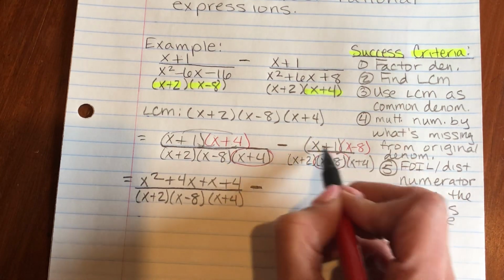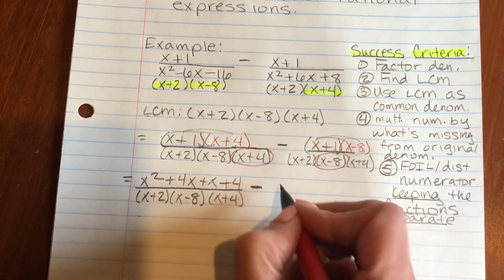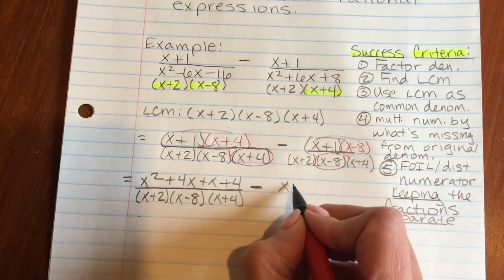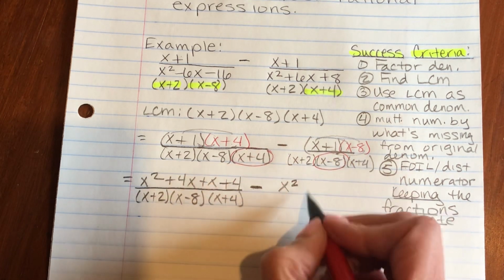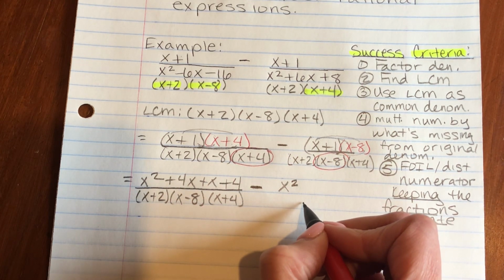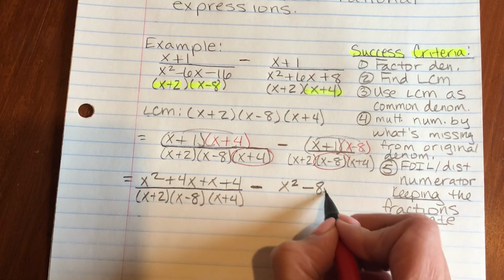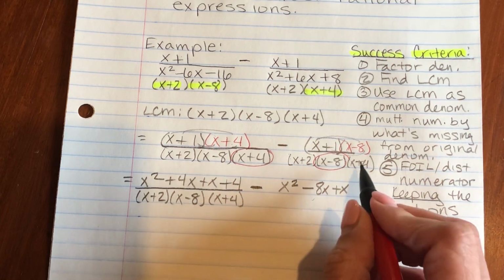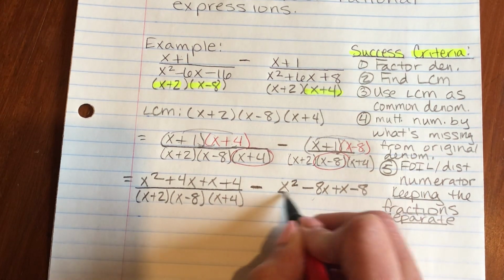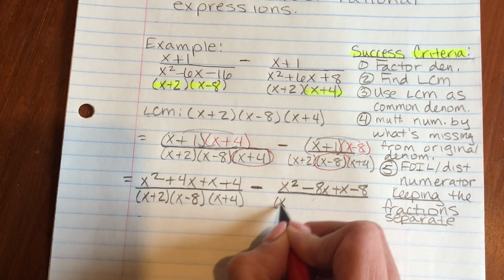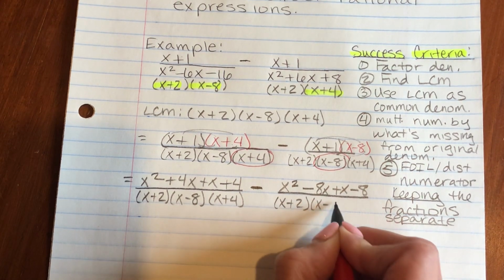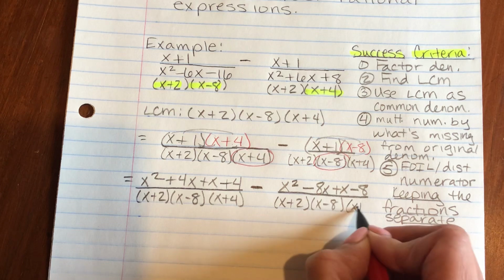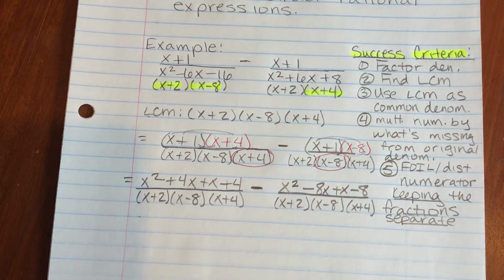And again, I'm foiling here as well. Over the LCM. All right, so I FOILed out the numerators, but I kept the fractions separate.